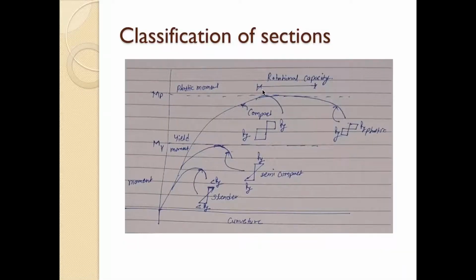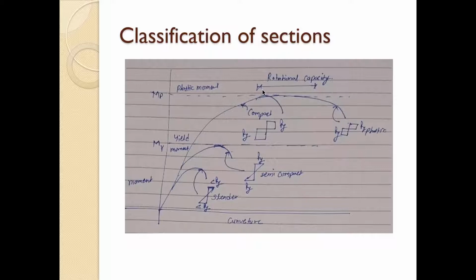Now the ideal section, that is class 1, produces the uniform stress Fy in both bending and compression and bending tension. The moment of resistance due to this stress distribution is Mp. The yielding of the section can no longer resist further load.